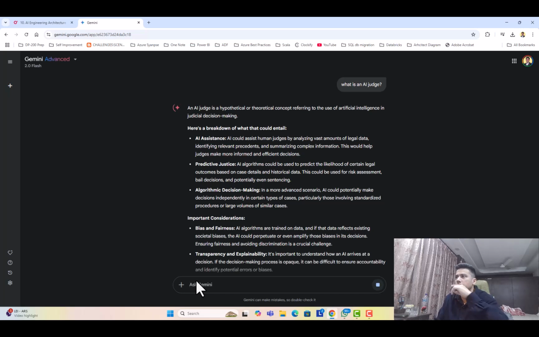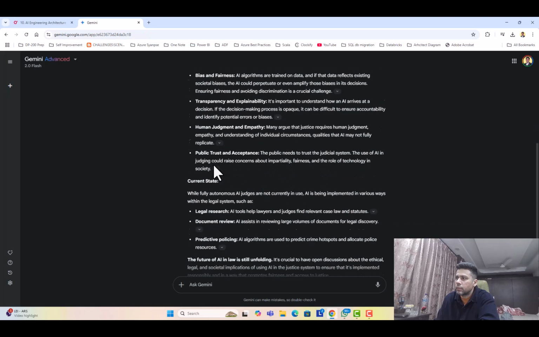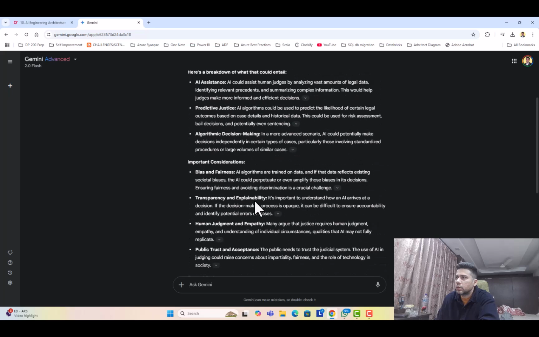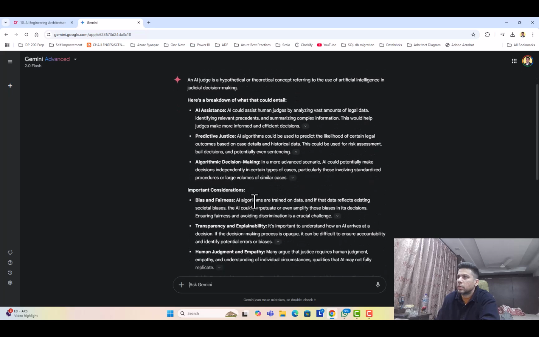An AI judge is a hypothetical or theoretical concept referring to the use of artificial intelligence in judicial decision making. The future of AI in law is still unfolding. AI could assist human judges by analyzing vast amounts of legal data.